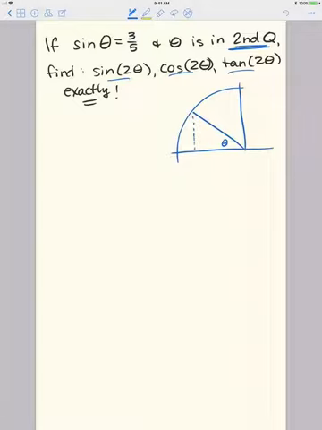If we created our right triangle, our sine ratio puts opposite of 3 with a hypotenuse of 5. And this ends up being a 3, 4, 5 Pythagorean triple triangle. If you do Pythagorean theorem, you'll find that the other leg is 4.